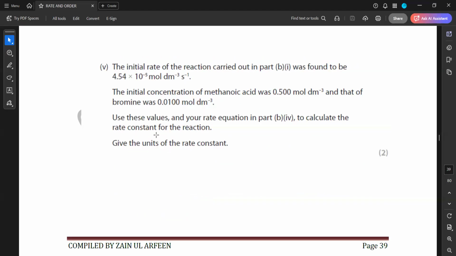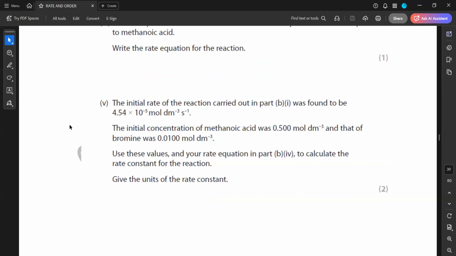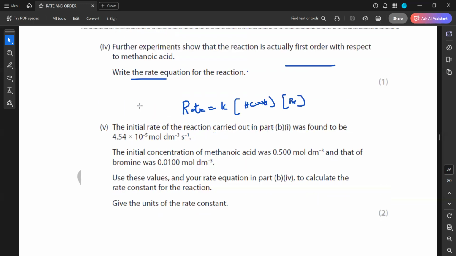Then the initial rate of the reaction is given to us. The initial concentration of methanoic acid is this and bromine is this. We need the value of k.